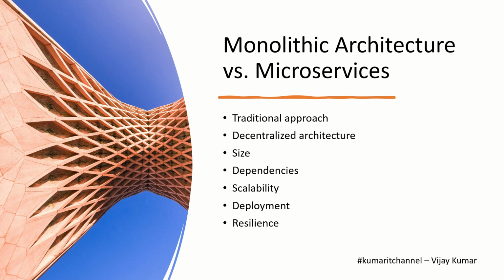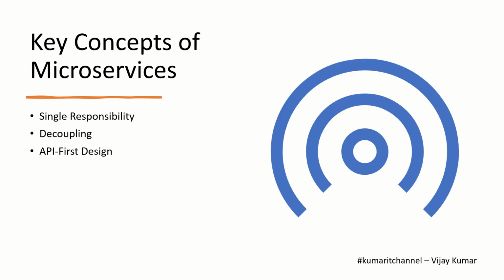So overall, I can say microservices architectures are more modular, scalable, and reliable than the traditional monolithic architecture. So that's the reason this is becoming a more popular approach for building large scale or complex applications.